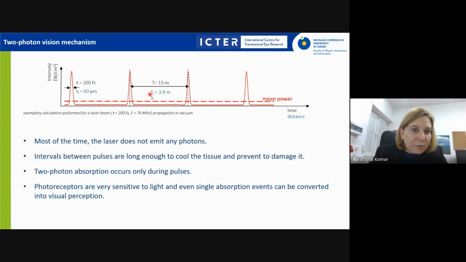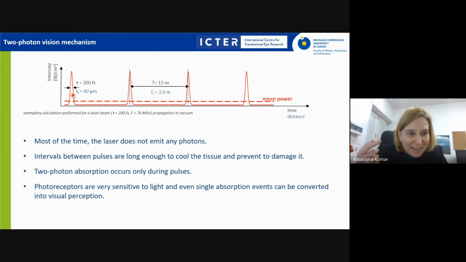However, when we recalculate it into distances by using a simple physical equation, you could see the difference, because the separation in space between these two pulses would be almost 4 meters, and the width of the pulse would be only 60 micrometers.